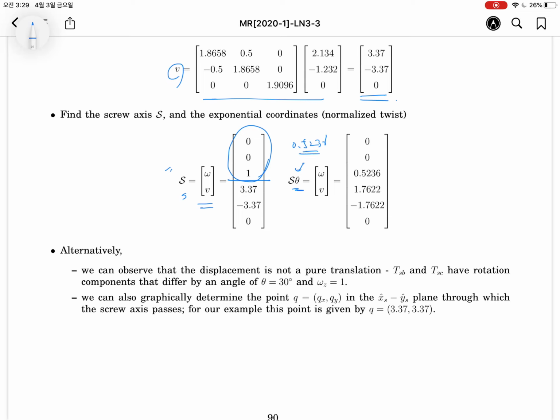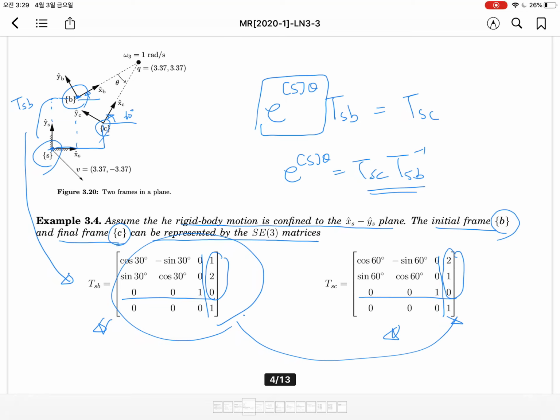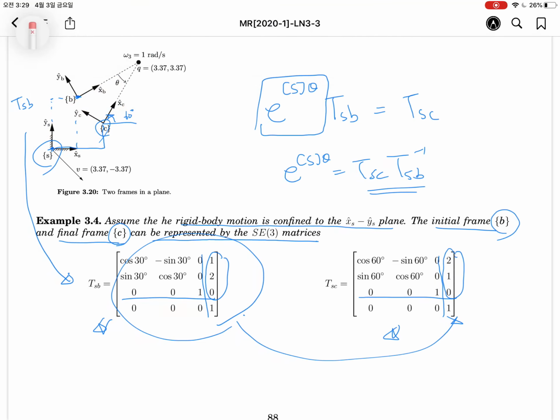I'm not sure the radian value should be multiplied to obtain this exponential coordinate. So we can get it. It is called the exponential coordinate for rigid body motion. Actually, it can be obtained graphically here. Okay, let's consider. I'm sorry.